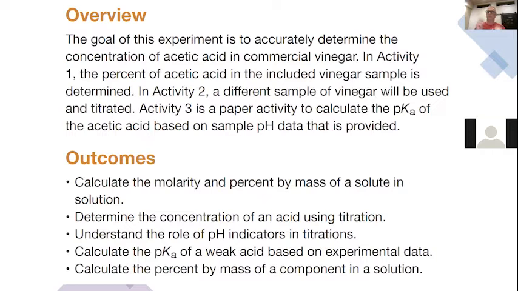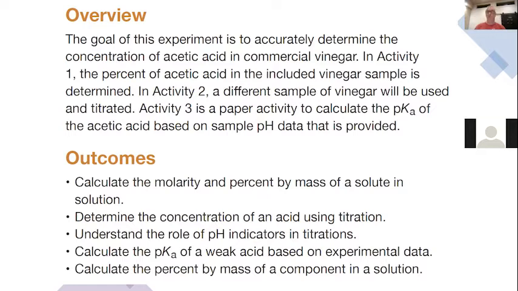And we're going to figure out what the pKa is, which is the minus log of the Ka. If you remember, the Ka was the dissociation constant of acetic acid. And since acetic acid is a weak acid, its Ka will be low.